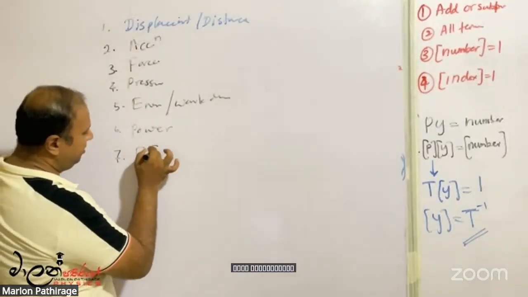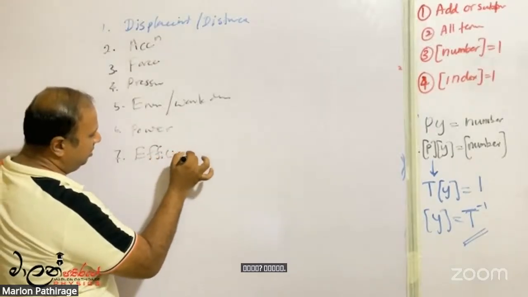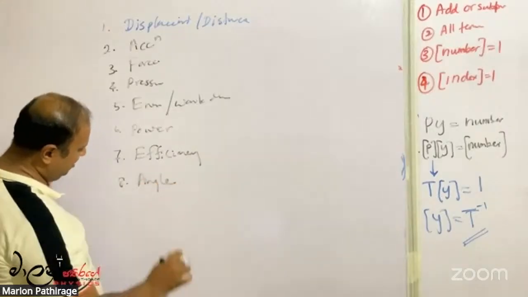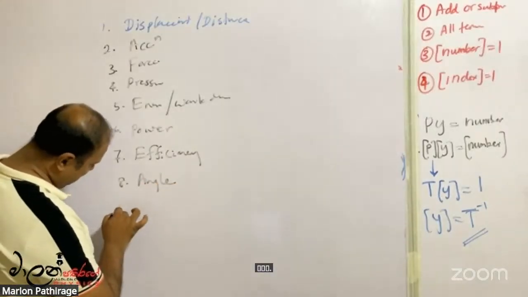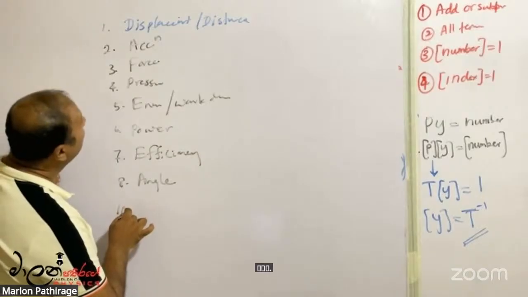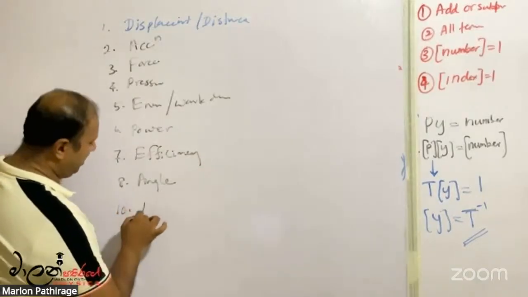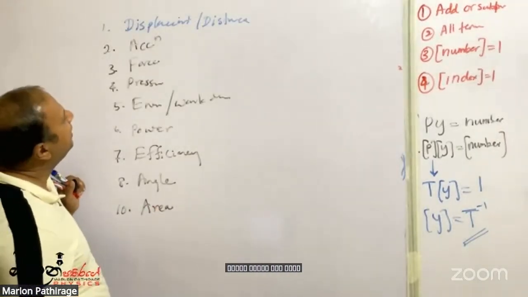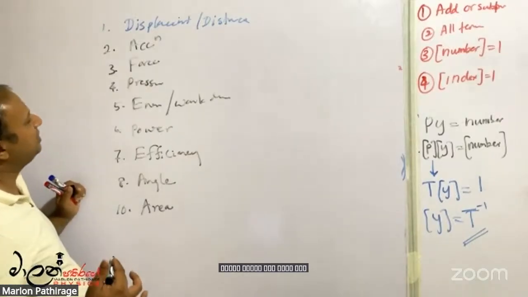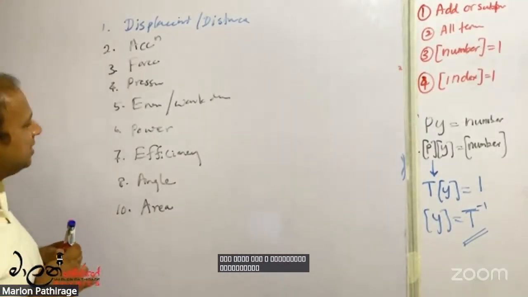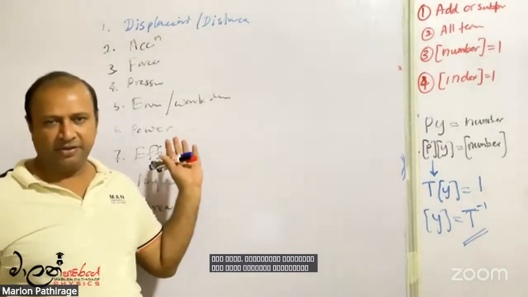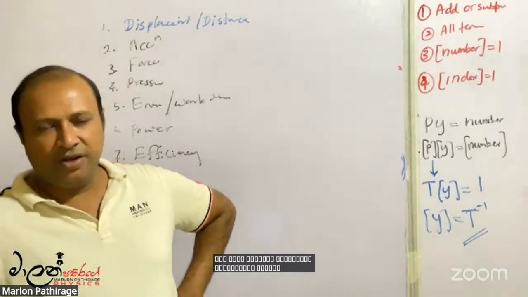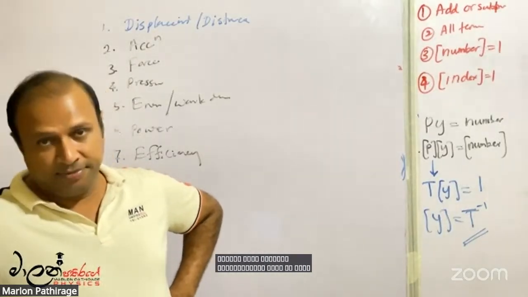Efficiency, angle, what else? Area. Those are very easy. So there are some physical quantities, those are regular physical quantities. Therefore, in most questions, these physical quantities can be there.